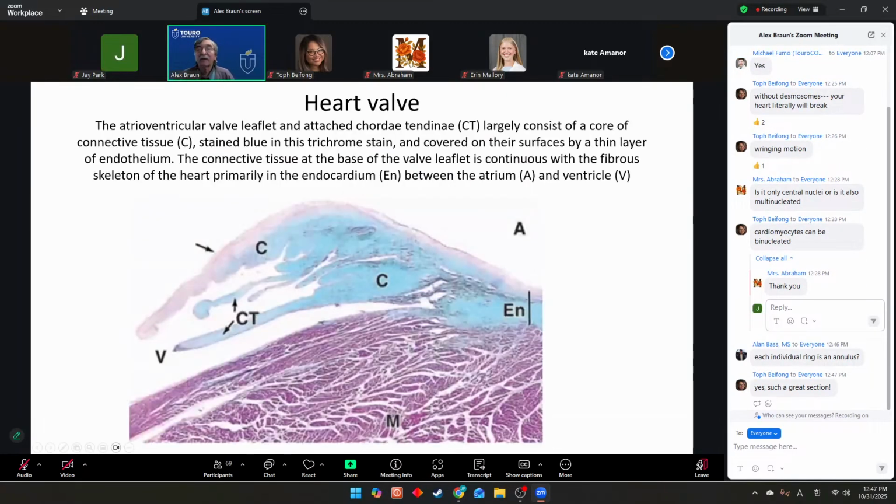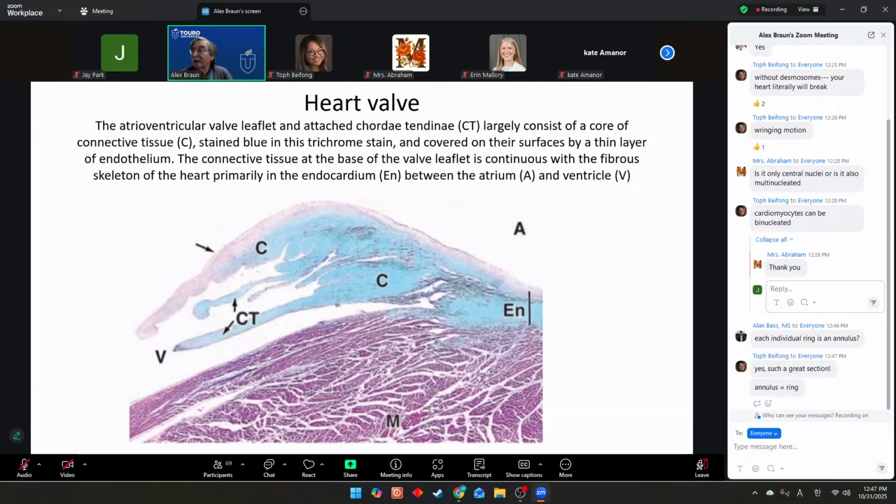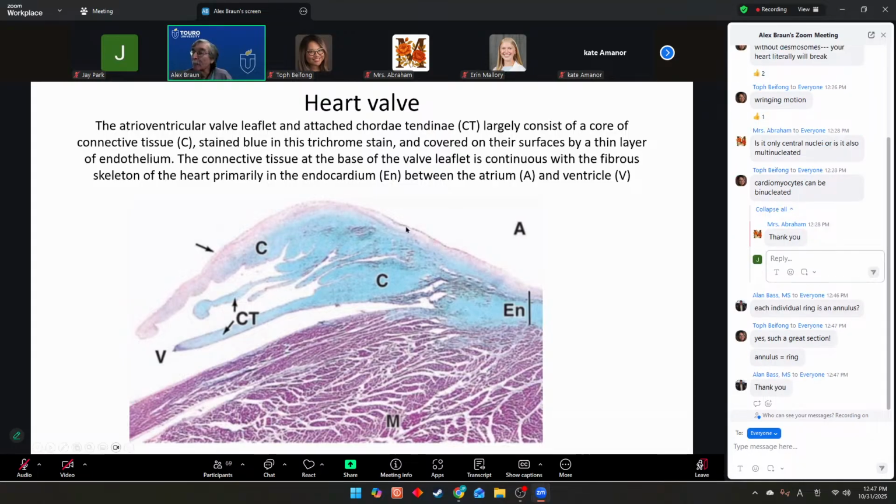The heart valve, as I said to you earlier, is an elaboration, a projection of the endocardial layer of the heart. And here you see the outer layers of the heart valve consists of mesothelial cells. On this surface here, there would be mesothelial cells. On this surface here, there would be mesothelial cells, even though they're difficult to see. The inner portion, the core of the heart valve, basically consists of connective tissue.